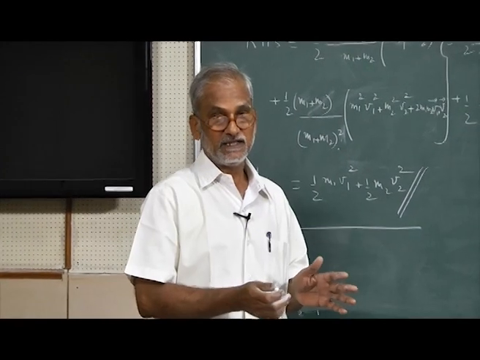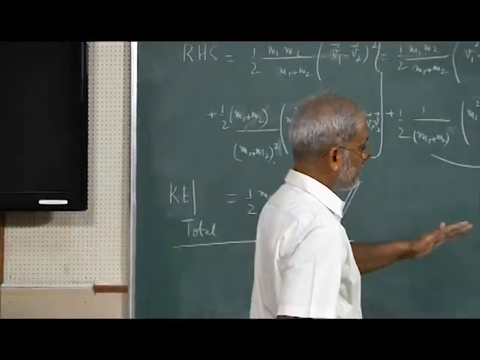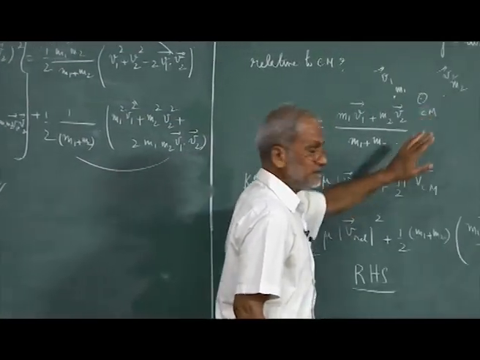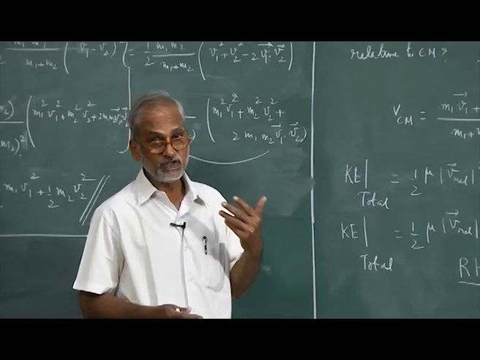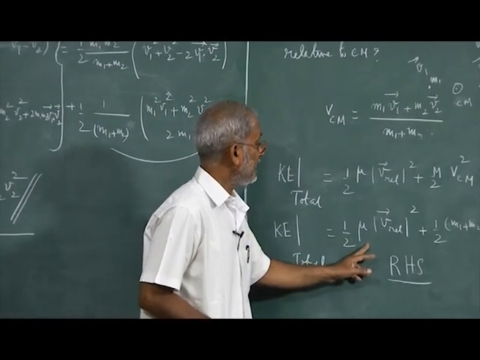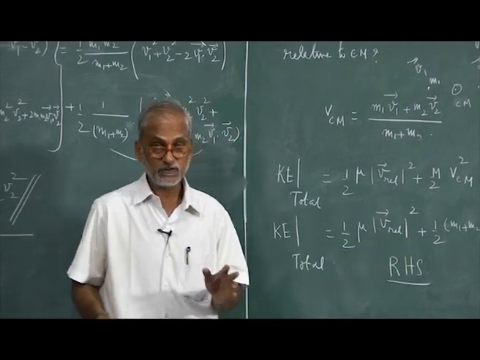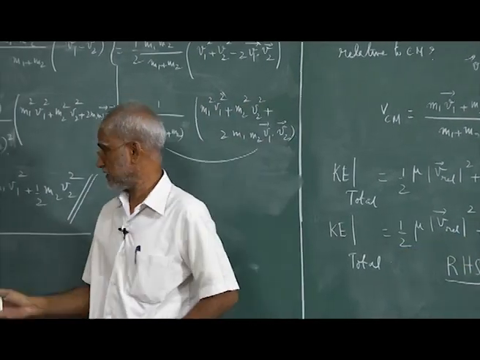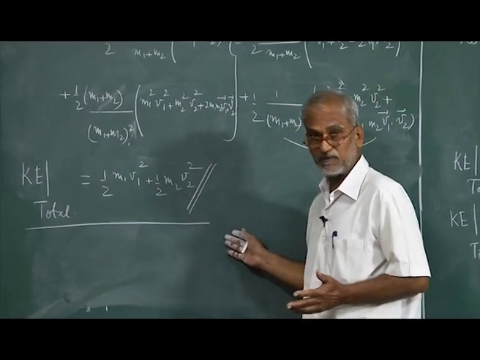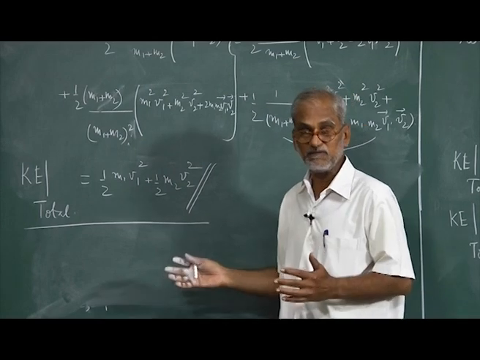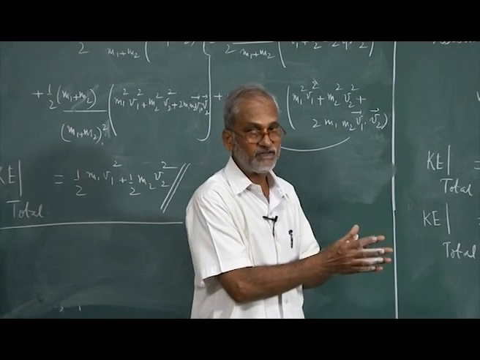If we look at the same system with respect to the center of mass, then the reduced mass will have a kinetic energy. This 2 particle system has a total kinetic energy of half m1 v1 squared plus half m2 v2 squared. The same thing can be viewed in the center of mass language in the following way.